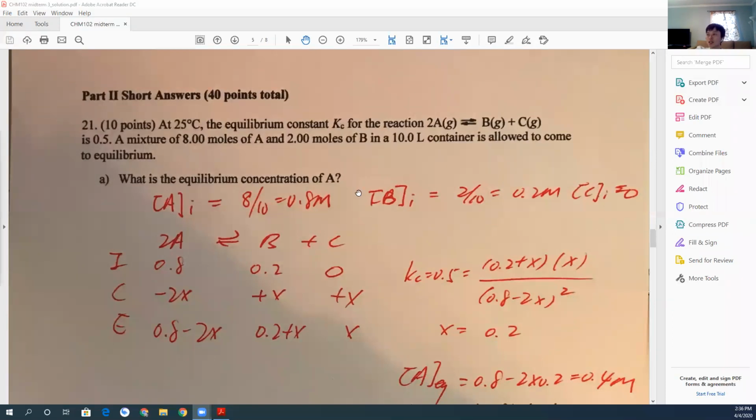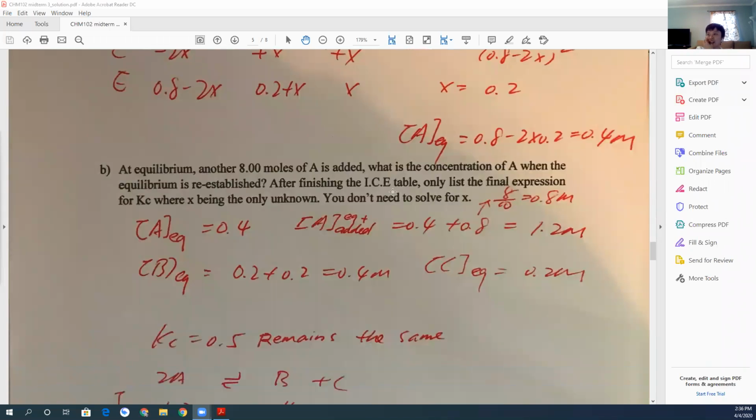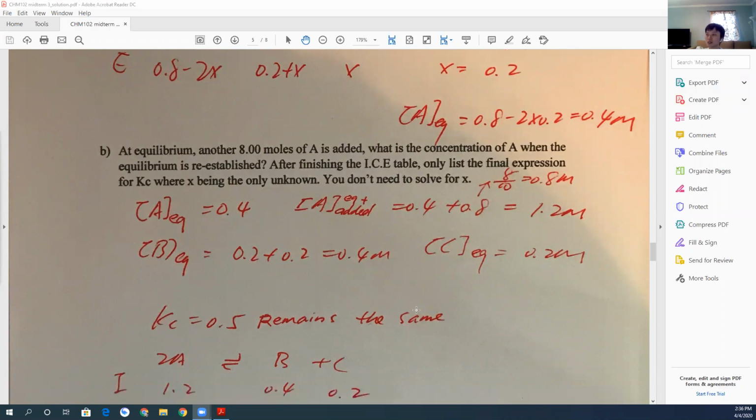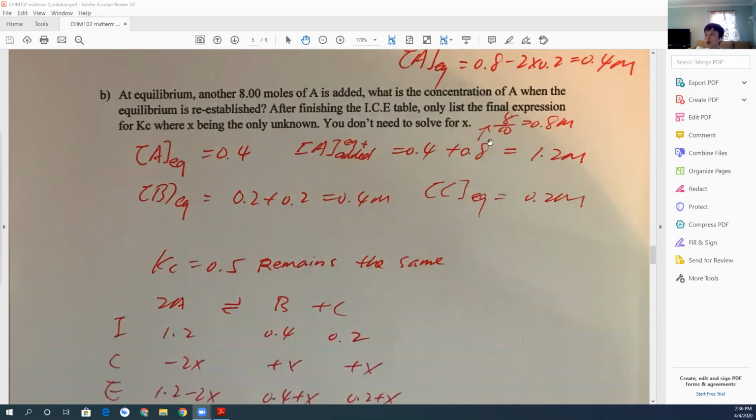So in part B, after you reach this equilibrium in part A, you add another 8 moles of A into this equilibrium system. So you disturb it, right? The amount of A added will be equal to 8 divided by the volume, which is 10, so you add another 0.8 molar of A. At the initial equilibrium, you have 0.4 left.